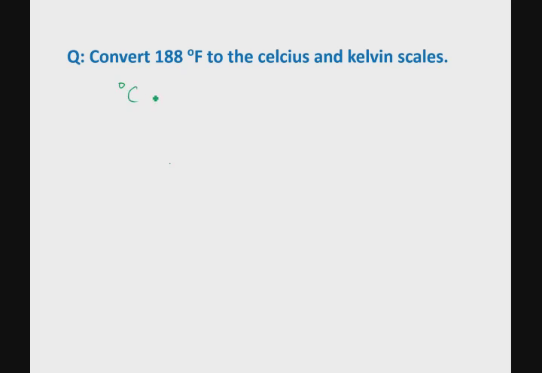The formula says degrees Celsius equals the temperature in Fahrenheit, which is 188 given, minus 32. The subtraction has to be done first, divided by 1.8, and the order of operation is extremely important in this case. You must subtract first and then divide that by 1.8.